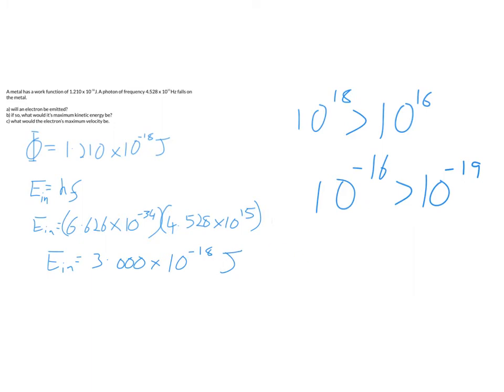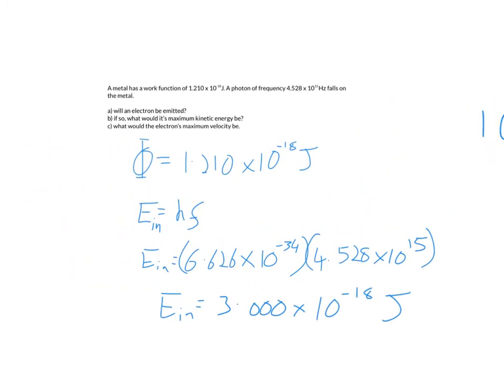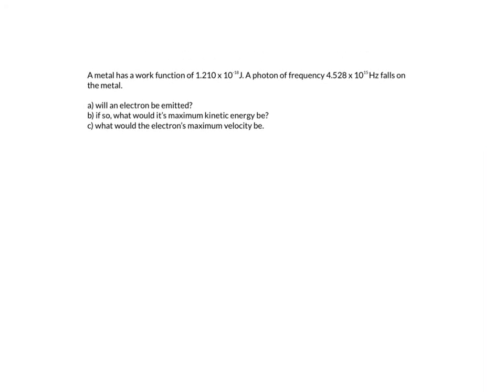We'll move back now to part B. So we already know that yes, it will be emitted, and our reasoning why is because the energy in the photon exceeds the work function. So for part B, we'll start off with a clear slate again, and we are asked what the electron's maximum kinetic energy would be. So now we're really getting into Einstein's photoelectric law and using that equation.